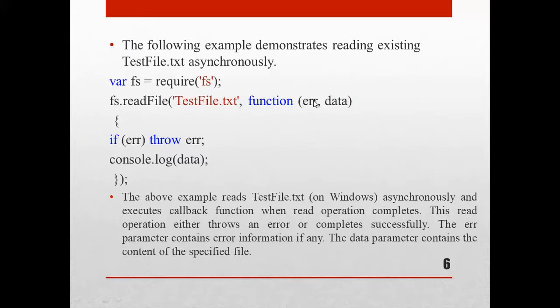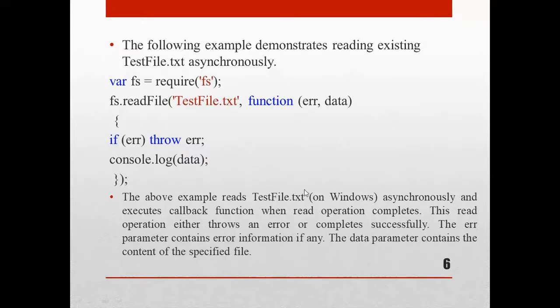It will throw an error if it is not able to read, or it will print the content of that file using that data. Here, this is the callback. Inside that function, if error, then throw that error. Otherwise console.log data, it will print the data from that file. That means it will read that file.